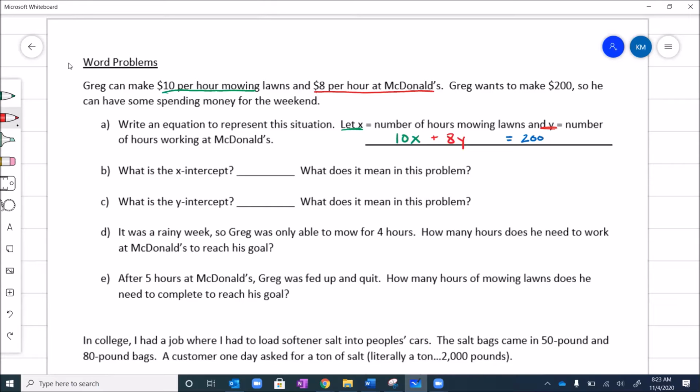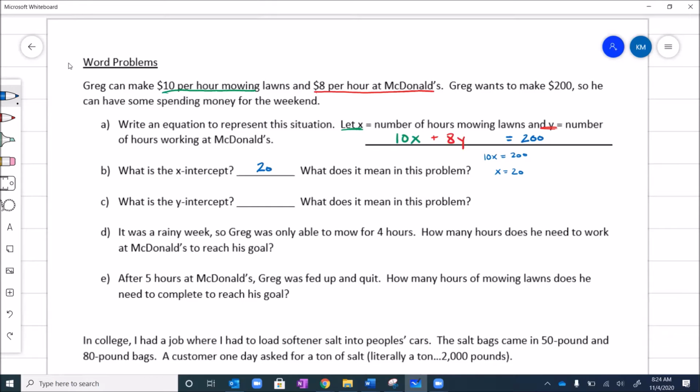So what's the x-intercept? To find the x-intercept, we cover up the y, rewrite the problem, and solve it. So we have 10x equals 200. Divide by 10 on both sides. X will equal 20. What does it mean in this problem?